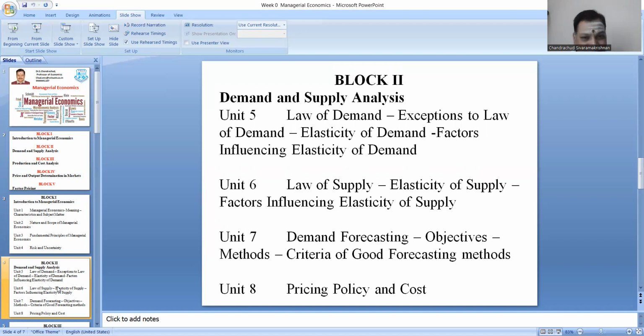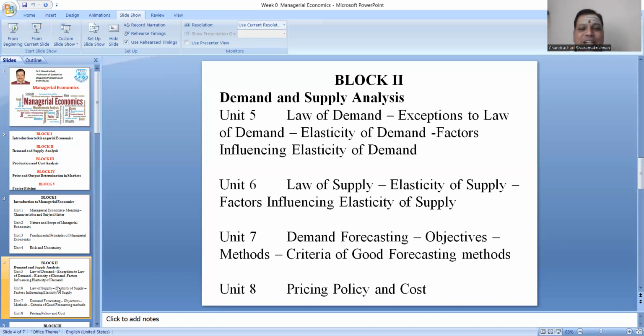Coming to Unit 6, it discusses the supply analysis. Here also we are discussing the law of supply, elasticity of supply, and all the factors influencing the elasticity of supply.